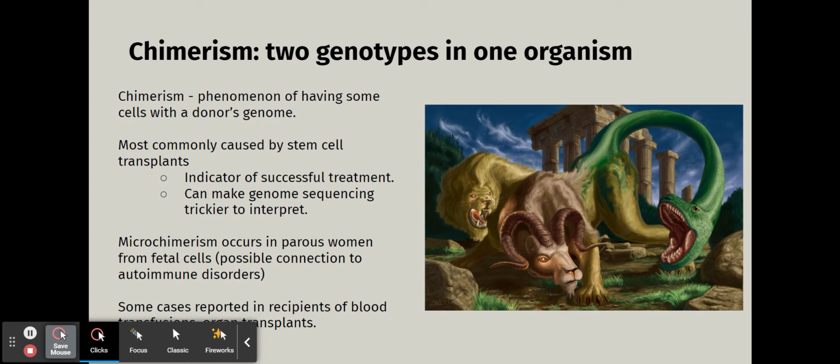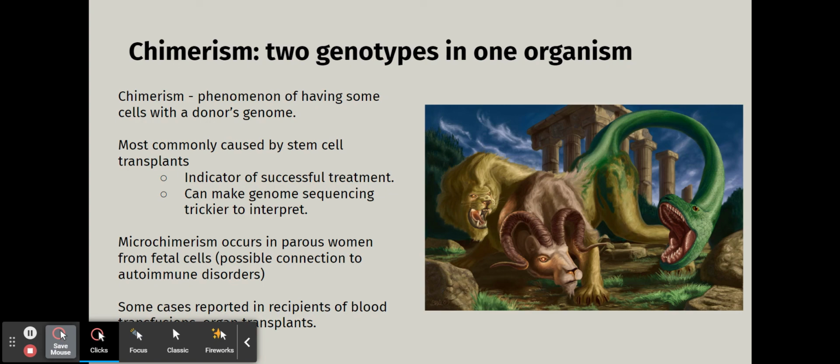Some cases are reported in recipients of blood transfusions or organ transplants, and that's why most blood centers are now releasing leukocyte reduced blood. When you have somebody who needs a lot of blood transfusions, for example sickle cell patients, one of the big therapies, it's a chronic disease, they're going to have it all their lives. They have multiple blood transfusions over the course of a lifespan, they can develop antibodies.